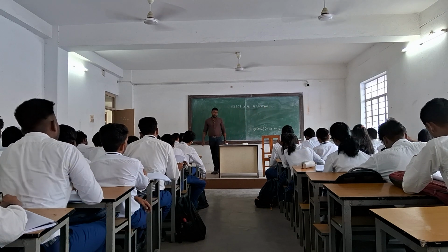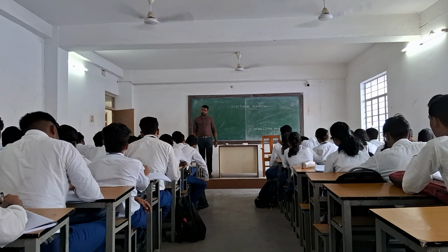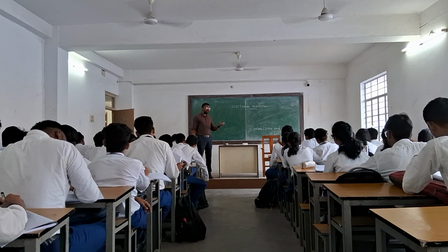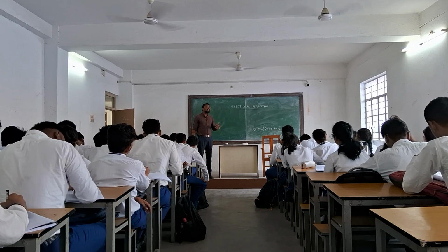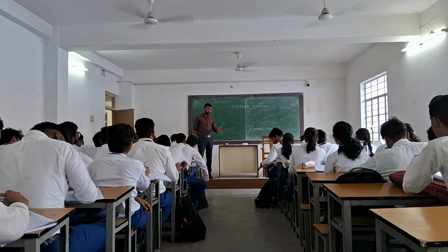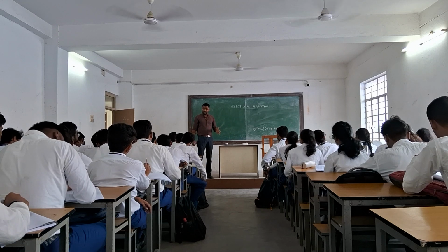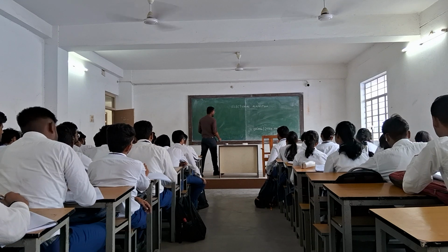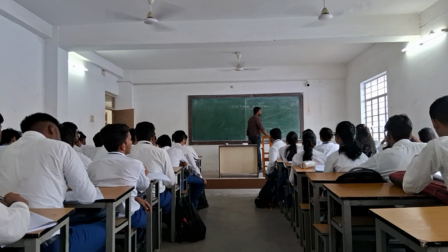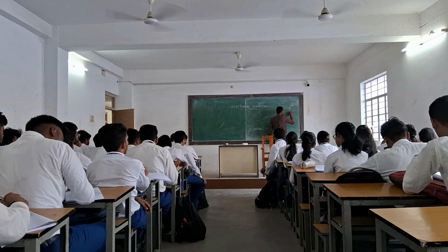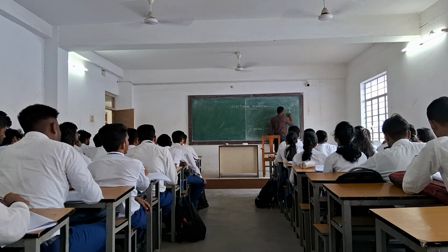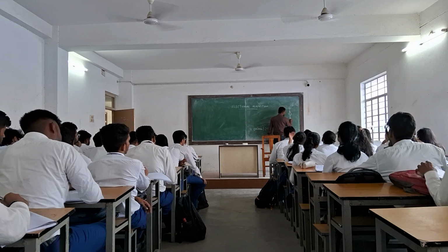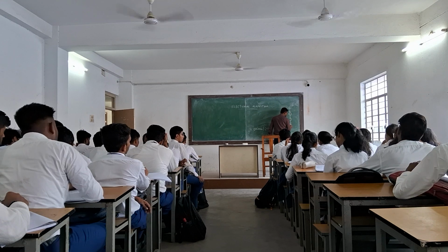Now, today we will learn selectional algorithm. Selectional algorithm means what? Means there are multiple options, you have to select the right one. Yes or no? Previously we discussed sequential algorithm, means after step 1 comes step 2, after that step 3, after that step 4.